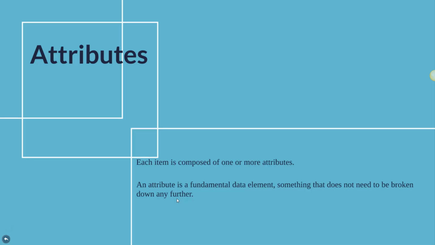And if you consider some department table, an item might have attributes such as department ID, name, manager, and so on. The attributes in DynamoDB are similar in many ways to fields or columns in other database systems.